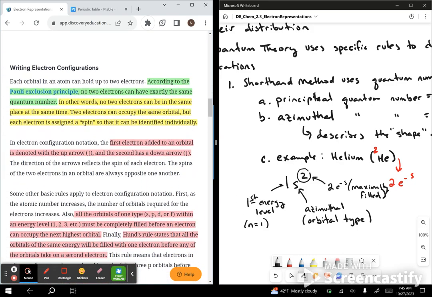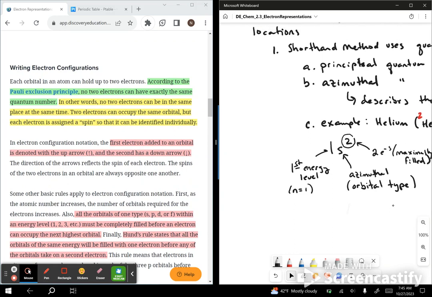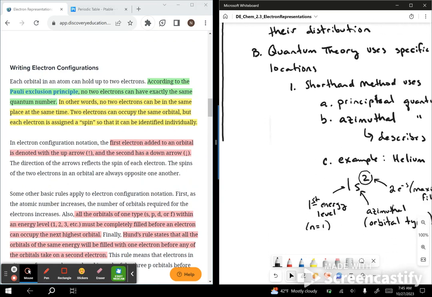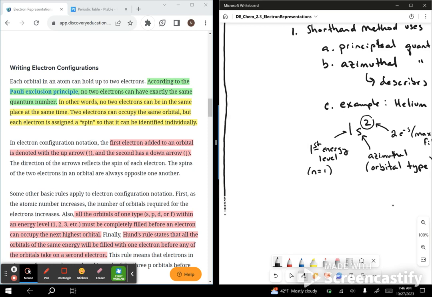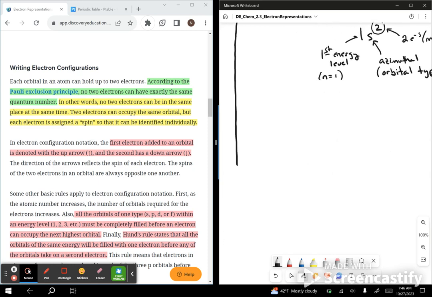Okay, so writing electron configurations. Let's go ahead and write this down as Roman numeral 2, I believe. We're going to carry this little line down. And here we go, Roman numeral 2, writing electron configurations. And they give us a little thing here.